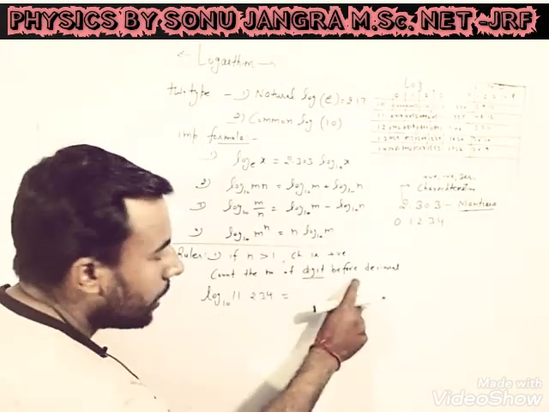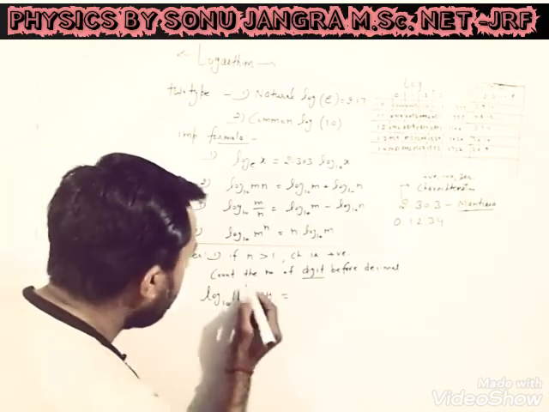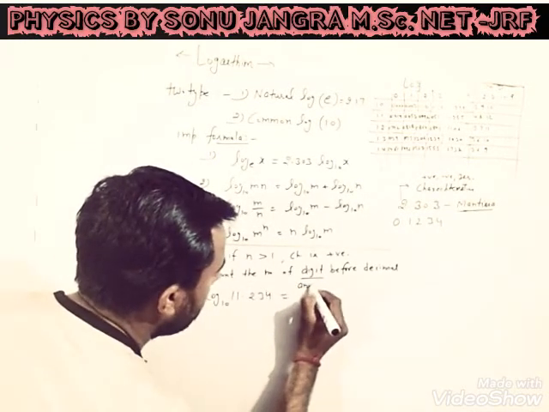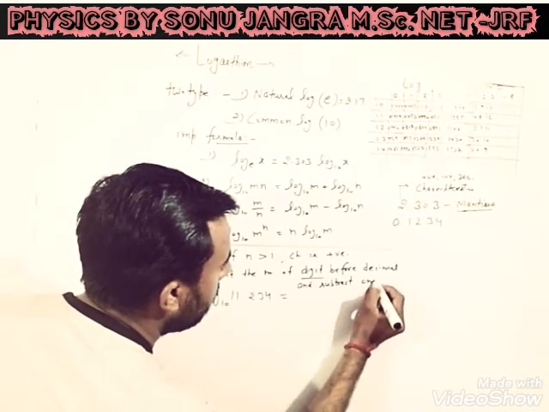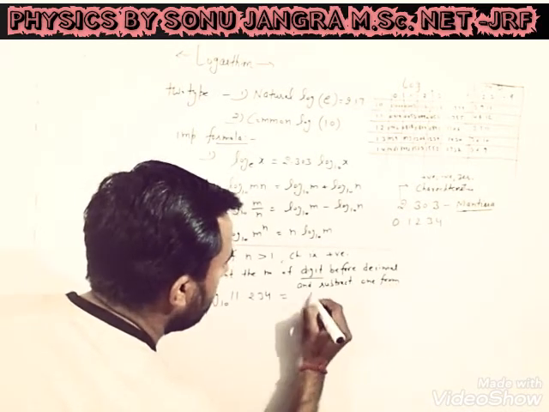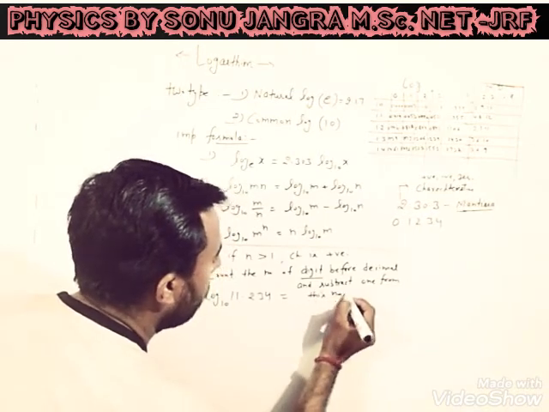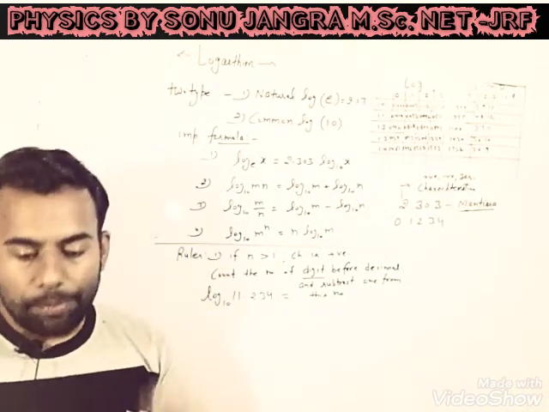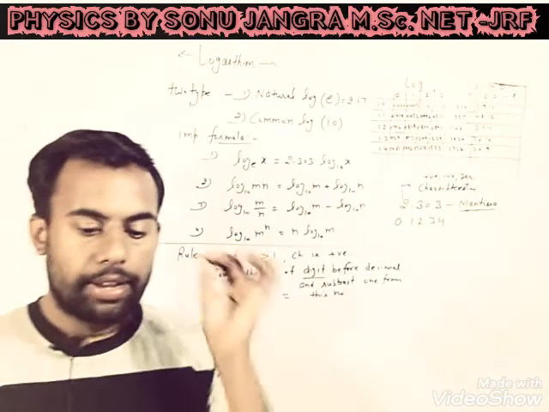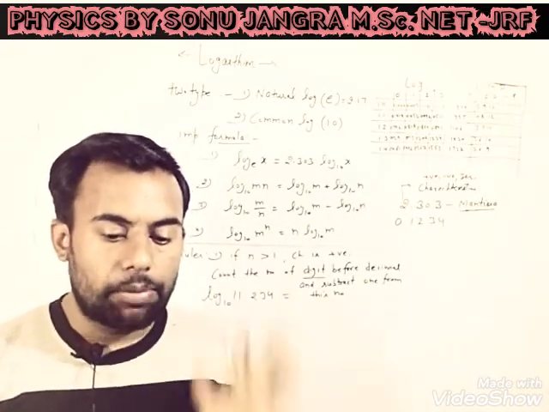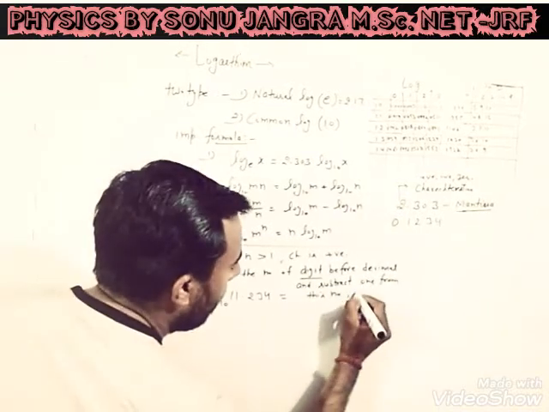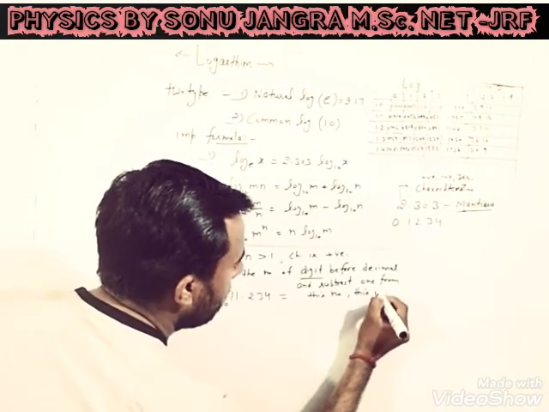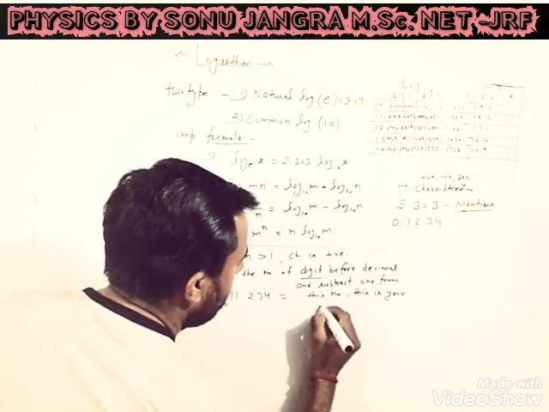Count the number of digits before the decimal and subtract 1 from this number. What is the rule? Count the number of digits before the decimal point, subtract 1 from this number. Okay, subtract 1 from this number, and this is your characteristic.